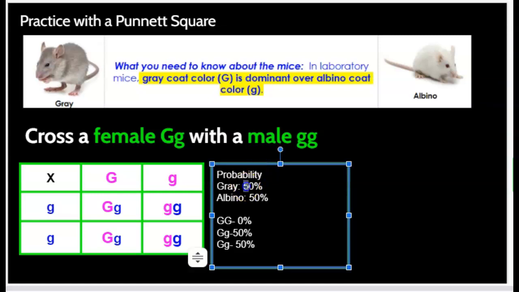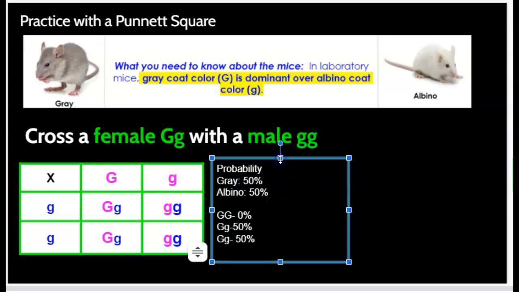So if we look at the phenotype, and phenotype is the actual physical trait that you can see, anything with that dominant allele, the capital G, will be gray. And so we have 2 of the 4 with the dominant allele.